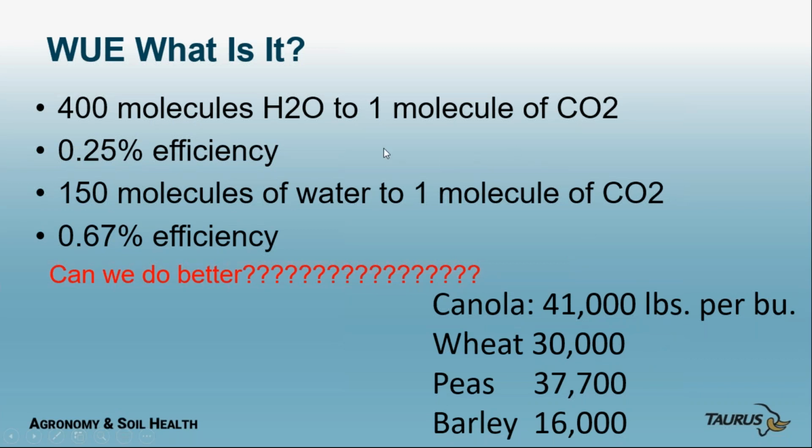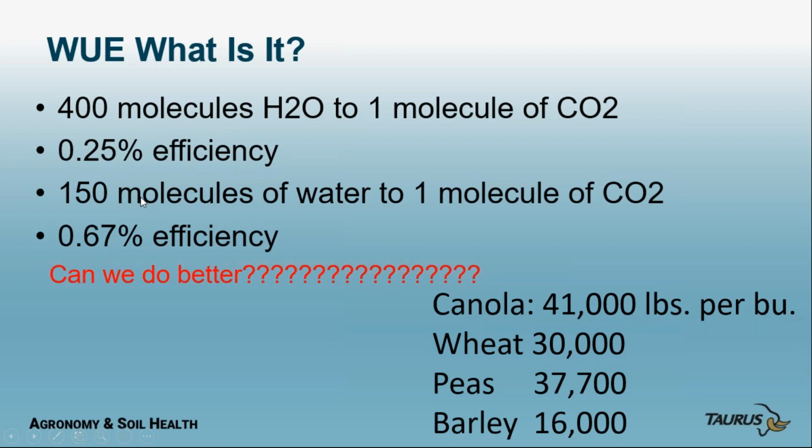But what is really efficiency? Well, I consider it, and we talk about this because it always goes back to photosynthesis and carbon. If photosynthesis shuts down or is slow, the plant can't produce as much of anything, because that's the secret. So if we have plants where it takes 400 molecules of water to process 1 molecule of CO2, that's an efficiency that's very low.